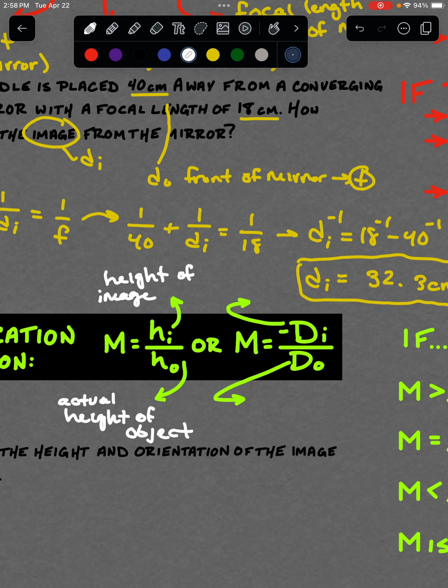Or we can also say it equals negative, be careful, negative di over do, distance of image divided by distance of the object.